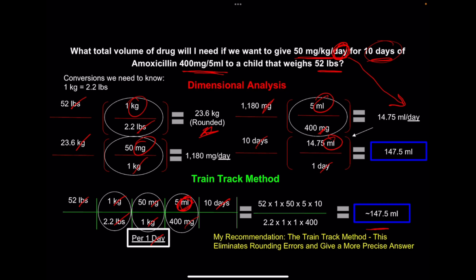Make sure that the unit that you want is there on top, because it's going to be that unit over 1. Long story short, that is your total volume, your total unit, and as long as that doesn't cancel out, you're okay.